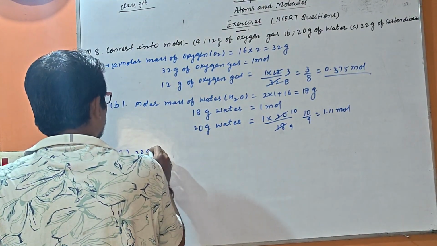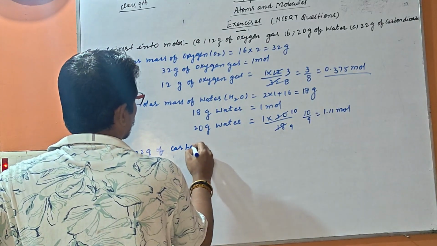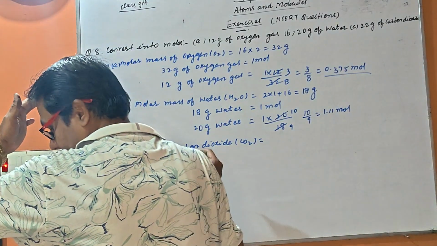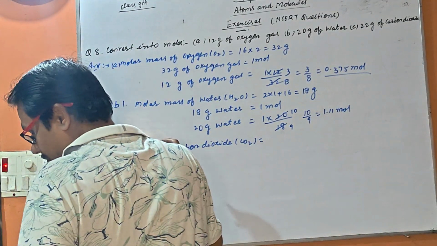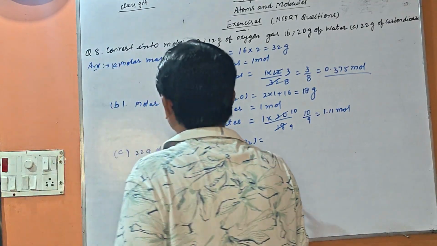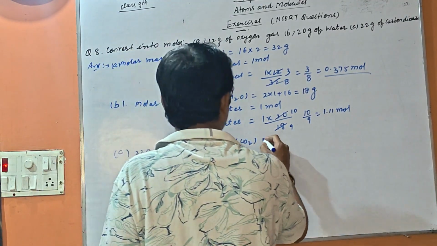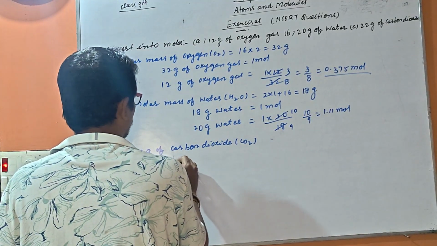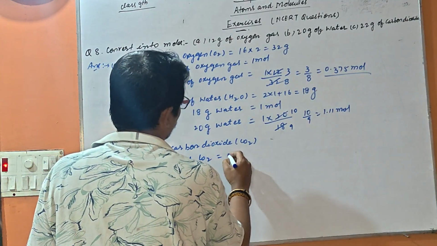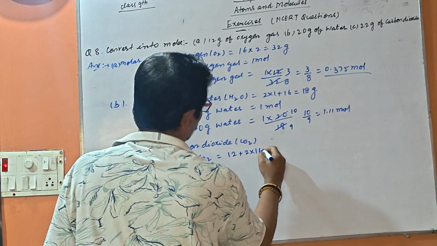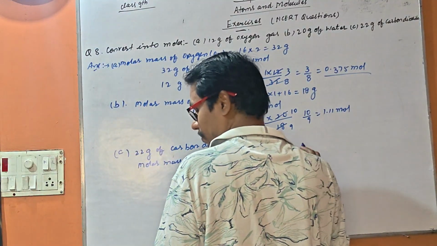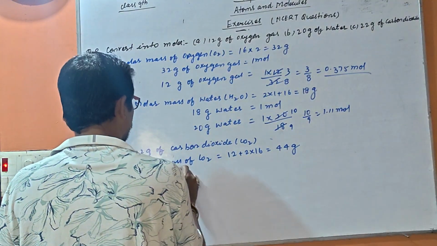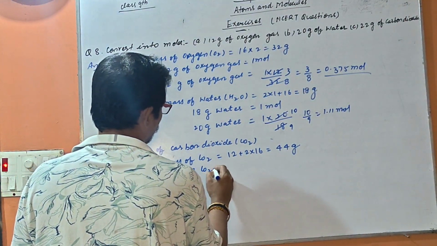Molar mass of carbon dioxide CO2 is 44 gram, which is 1 mole.